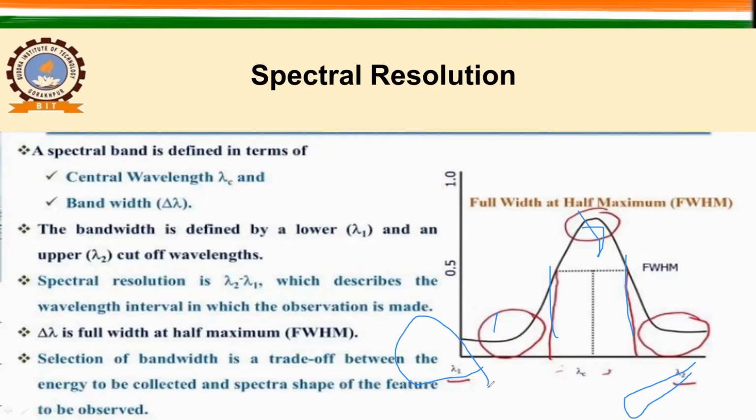Then the pixel values will be generated, and we will understand in the next slide how this pixel has been generated. So this is about spectral resolution. Now we have other resolutions also, that is spatial resolution and panchromatic, multispectral, and hyperspectral resolution.